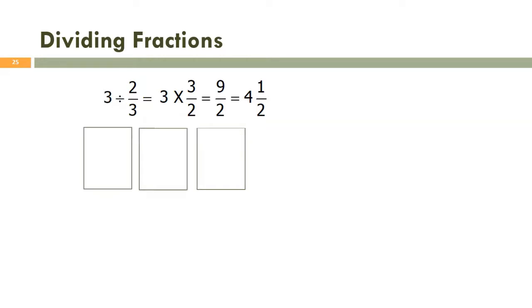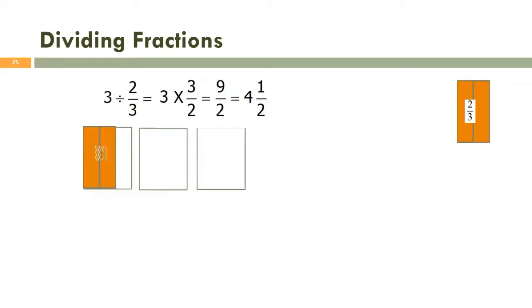Right now I need to figure out how many 2/3 I can fit into 3. So let's take 2/3. 2/3 means that I need to divide my whole into 3 equal parts and take 2 of them. So that's my 2/3 piece. And I need to figure out how many times I can fit this 2/3 into my 1.